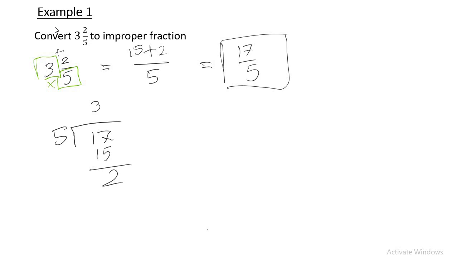Okay, so the mixed fraction will be, remember, the denominator does not change. The answer to the division will be the number in front, and the remainder will be the number on top. So we go back to where we started.